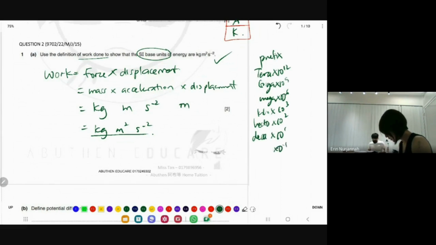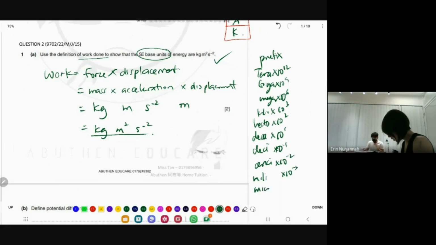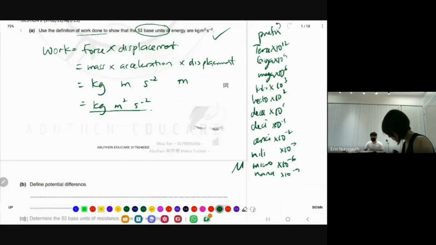Deci, negative 1. Centi, negative 2. Milli, negative 3. Okay, and then micro, the symbol is like this, negative 6. Nano, negative 9. Pico will be negative 12. This is what you learn, prefix.